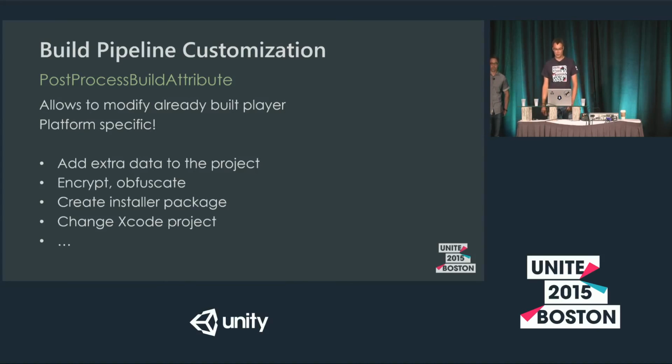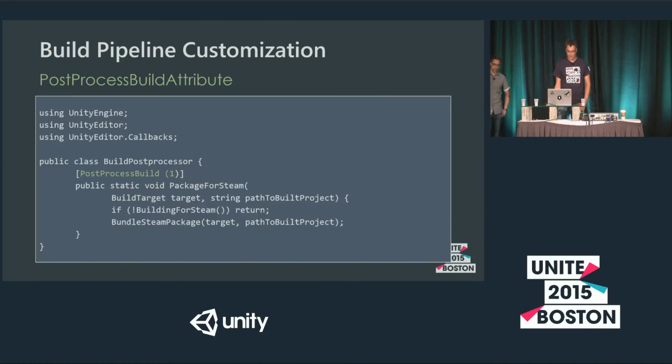If you use Mono, for example, you can also run installer and use full C# functionality to do anything. So, for example, you can build Steam package or whatever you want in this script.